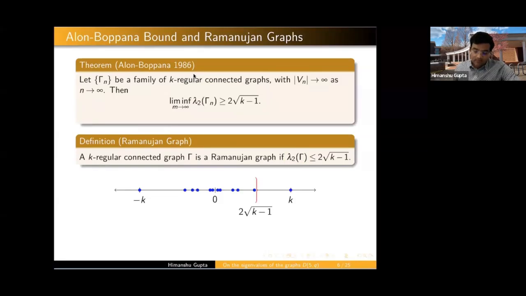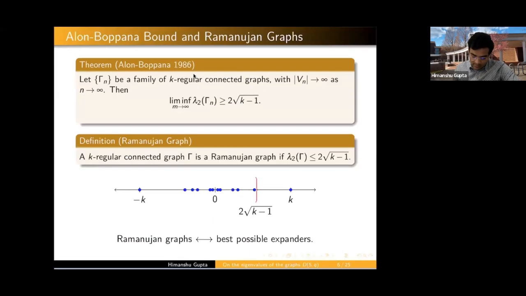Again, we desire to build expanders in terms of spectral gap, but we cannot arbitrarily increase the spectral gap, and the best we can do is up to this point. So a Ramanujan graph in that sense is the best possible expander. And remember, expanders are graphs which are sparse and highly connected at the same time.